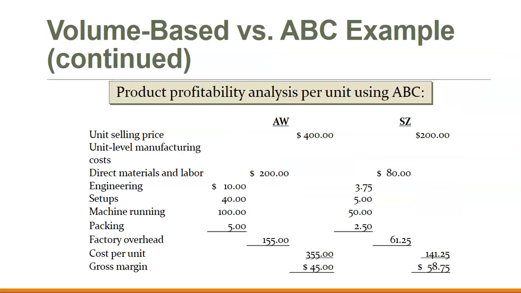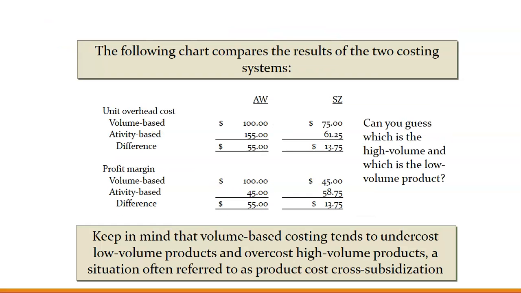As we can see here, then we calculate our product profitability analysis using ABC. When we look at the activity-based costing overhead allocation to each product line, we get a gross margin for the AW unit of $45 per unit and a gross margin for SC of $58.75 per unit.